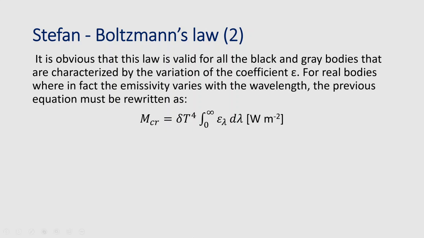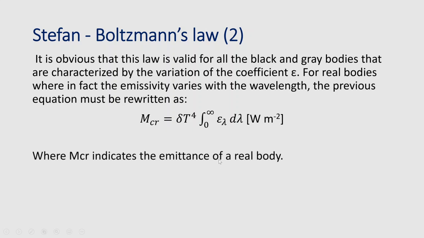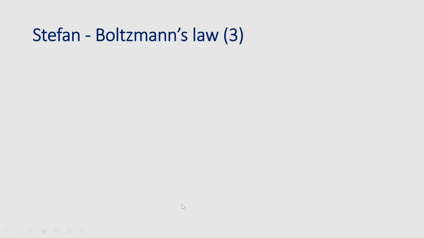It's a sort of complication, but of course it's due if we are considering a real body. And you see again, M_CR indicates the emittance of a real body.